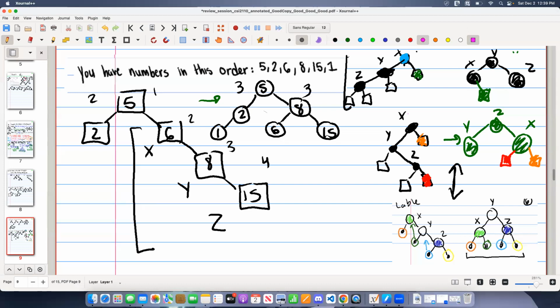And then Y. This node right here is less than Y. So we put it here. And we know that this node is between, sorry, I did that color before. Let me just find this. We know that this node right here is greater than Y, but less than Z. So then you would have it right there.